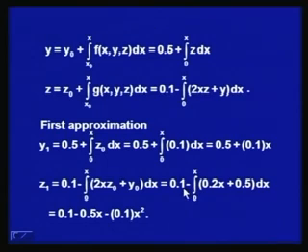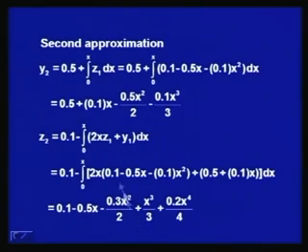So, this will be equal to 0.1 minus integral 0 to x of 0.2 into x plus 0.5 dx, because z naught is 0.1 and y naught is 0.5. After integration we will get the value of z1 as 0.1 minus 0.5 into x minus 0.1 into x square.